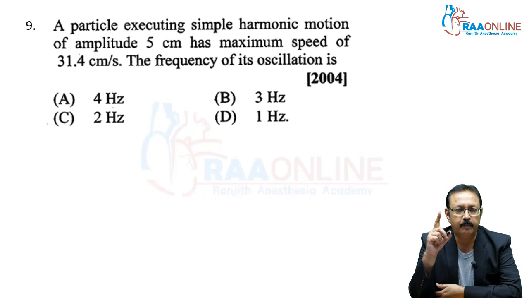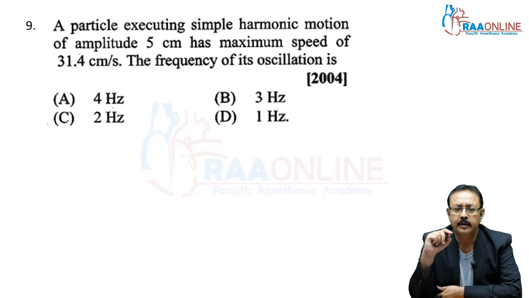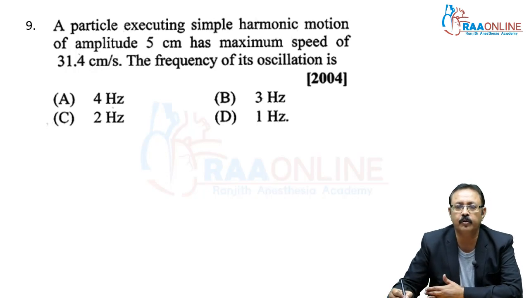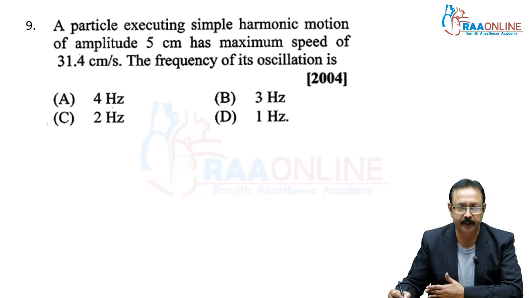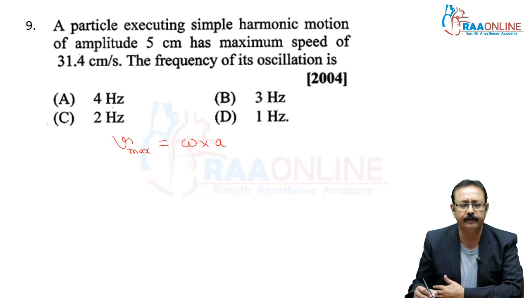Ninth problem. A particle executing simple harmonic motion of amplitude 5 centimeter has a maximum speed of 31.4 centimeter per second. The frequency of the oscillation is, again, a problem from 2004 AIPMT. We know that the maximum velocity of a particle in simple harmonic motion is omega into A. What they are saying, V maximum is 31.4.